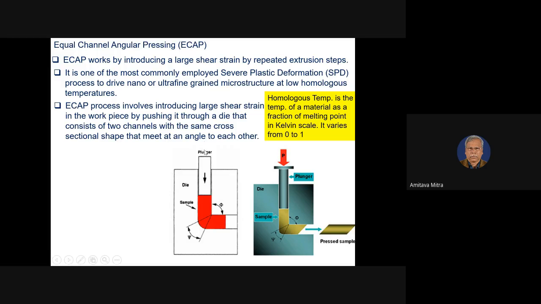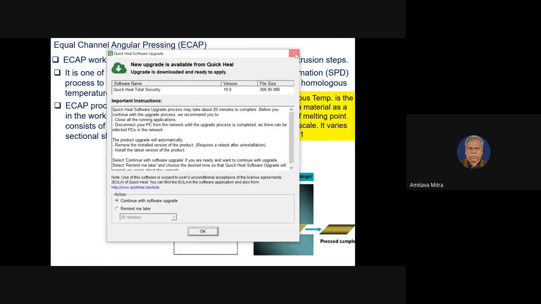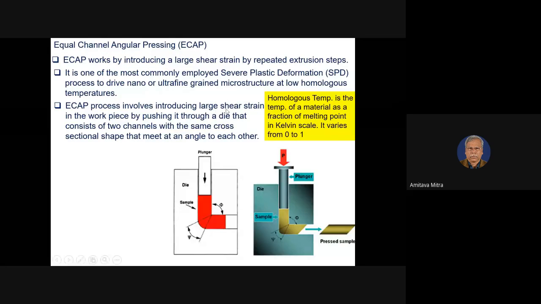So here we push this material into this channel, and a huge amount of shear strain is generated here, and then the material comes out. So the ECAP process introduces large shear strain in the workpiece by pushing it through a die.